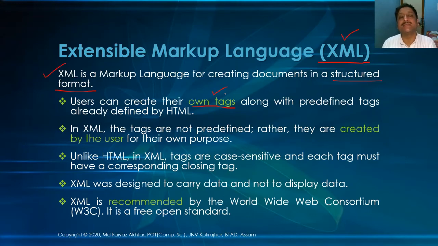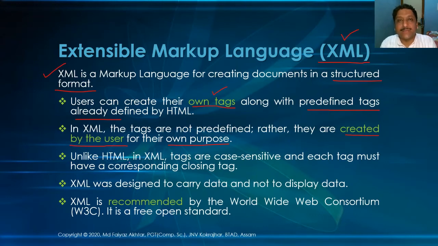We can mention any name, along with predefined tags. Some predefined tags are also there, and we can use our own tags also with our own name. In XML the tags are not predefined, rather they are created by the user for their own purpose.